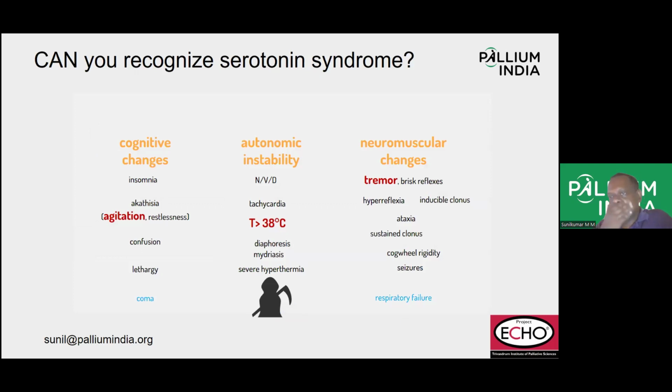There are various differential diagnoses, but if a patient is on methadone concurrently with tricyclic antidepressants or other medications like SSRIs, and they present with any of these, please think whether it is due to serotonin syndrome. This is a rare condition, but it can occur.